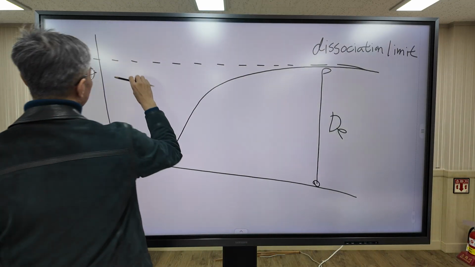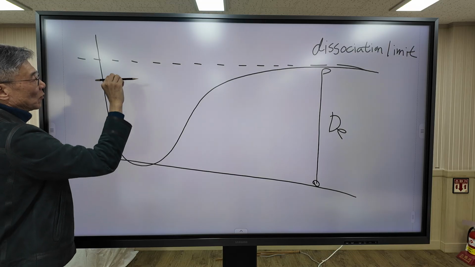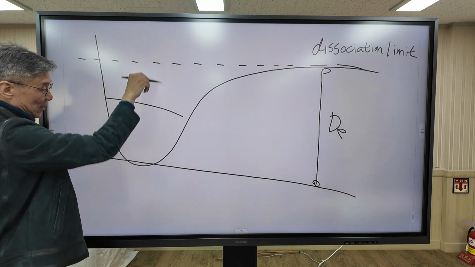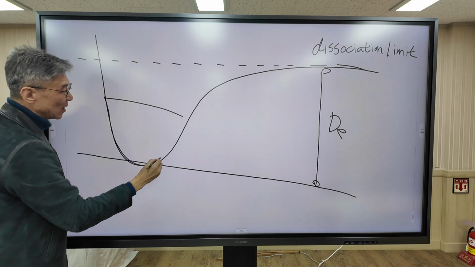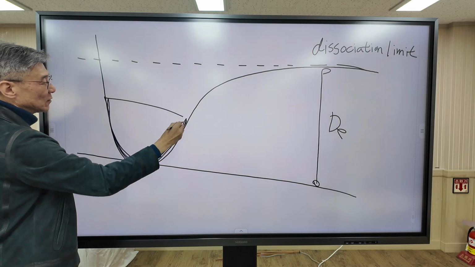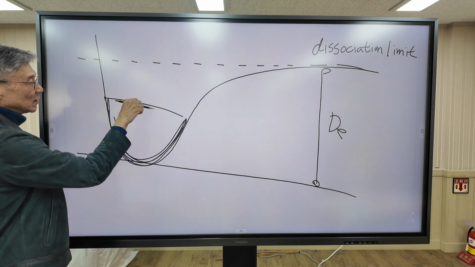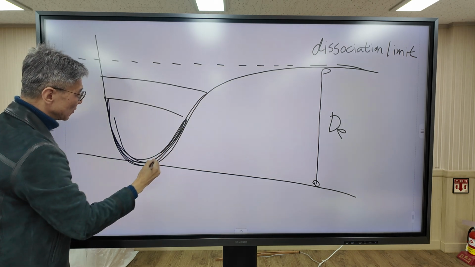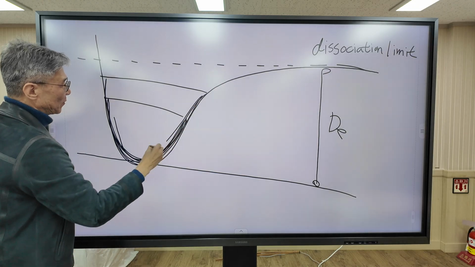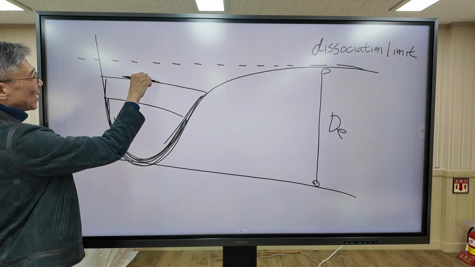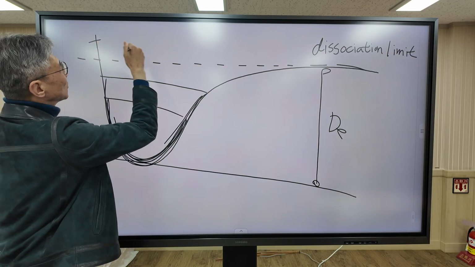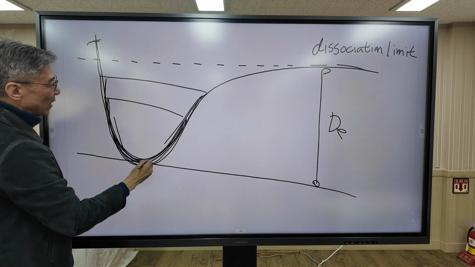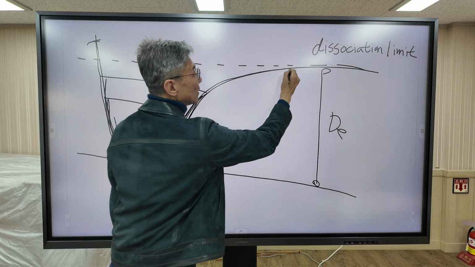When a molecule has low vibrational energy, well below the bond dissociation energy, it behaves like a harmonic oscillator. It continues to vibrate. When we increase the vibration energy, it still behaves like a harmonic oscillator, but when the molecule has energy higher than the dissociation limit, it follows the potential energy curve and goes all the way to infinity.